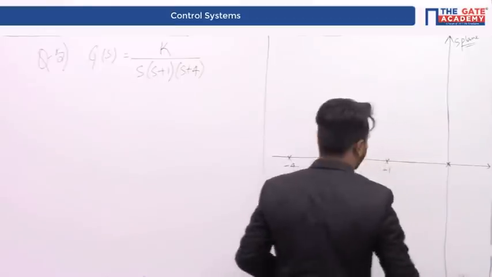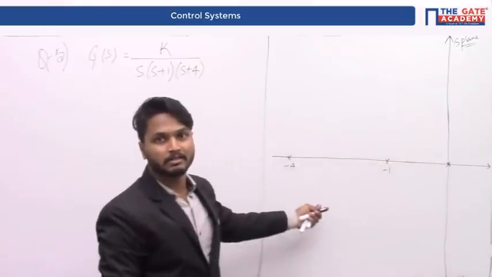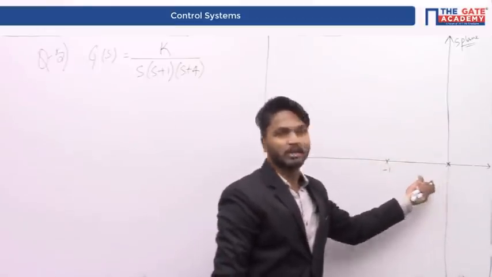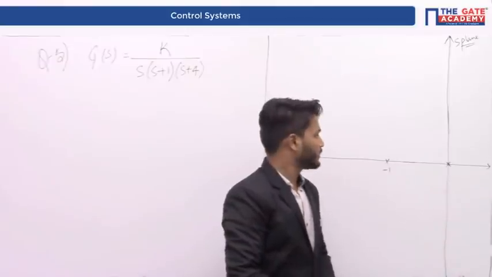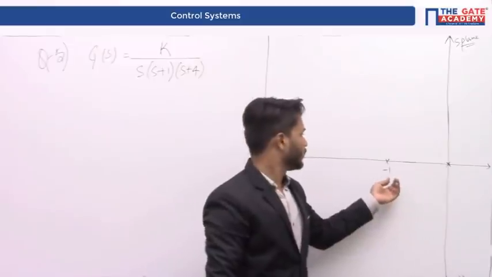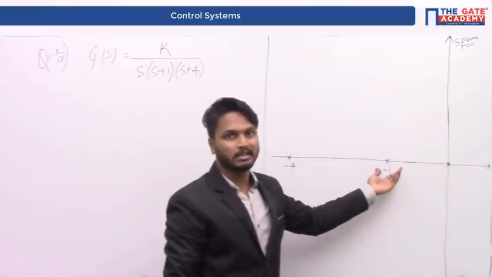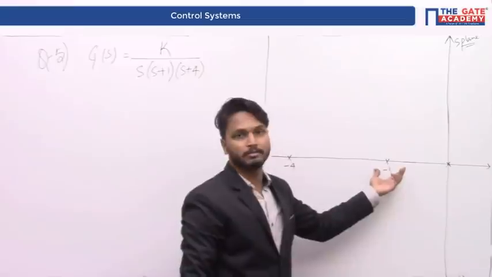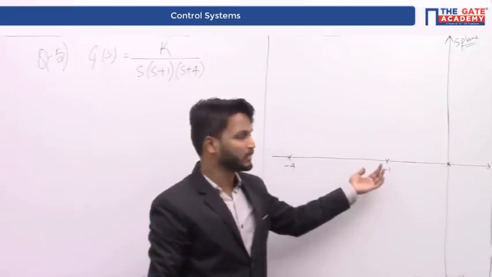Therefore, you already know the root locus exists on the real axis only to the left of odd numbered critical frequencies. The first critical frequency is this, only to the left of this the root locus is going to exist. Whereas this is the second critical frequency, which means to the left of this the root locus doesn't exist.